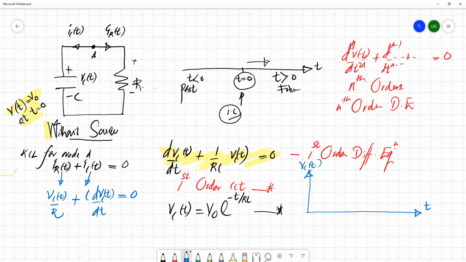So what about at t equals 0? We know that at t equals 0, the voltage across the capacitor is V naught. Then what happens as t goes to infinity? This negative exponential function converges to 0.